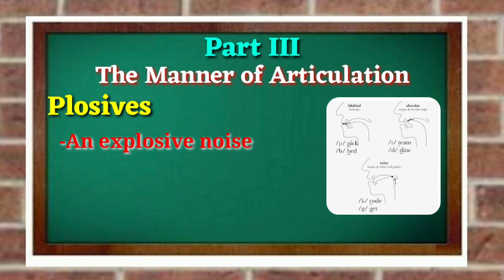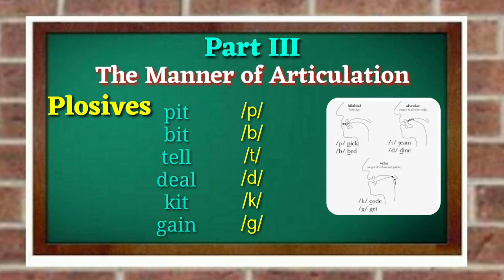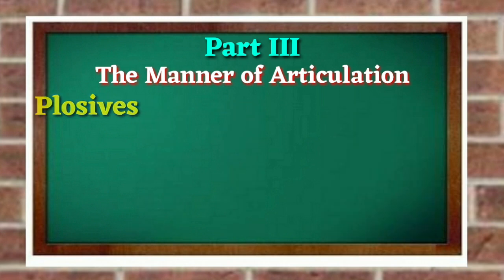The initial sounds in the English words such as pit, bit, tell, deal, kit, gain are p, b, t, d, k, g. These 6 sounds are known as plosives in English. Again, plosive: complete closure, pressure built up, sudden release, air with an explosive noise. So they are called plosives.